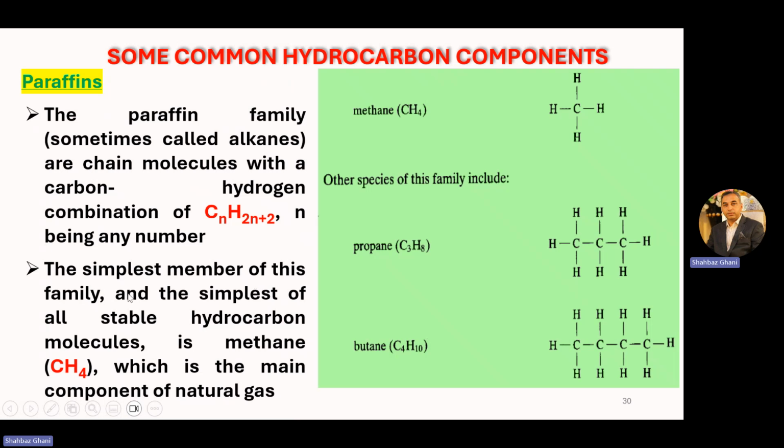The simplest member of this family, and the simplest of all stable hydrocarbon molecules, is methane, CH4, which is the main component of natural gas. Other species of this family include propane, C3H8, and butane, with 4 carbon and 10 hydrogen.